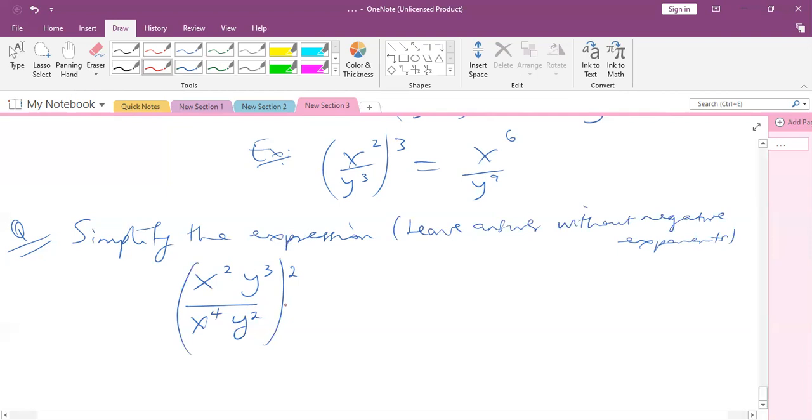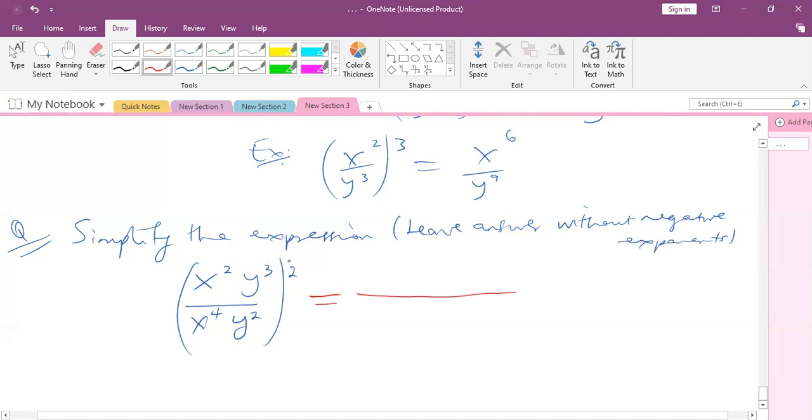So there are two ways you could do this problem. You can either simplify what you have within the parentheses, or you can apply the power of a quotient rule here before you proceed. It doesn't matter, you get the same answer. But let's apply the power of a product rule here. So I'm going to multiply out the exponents.